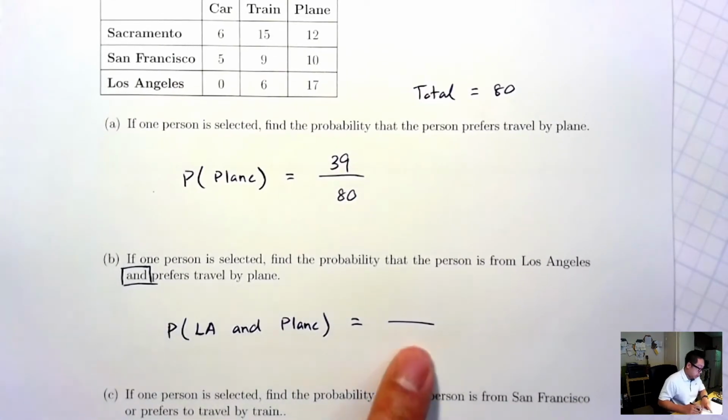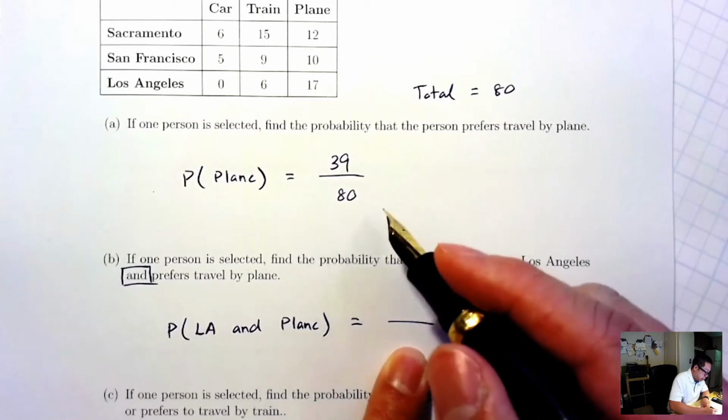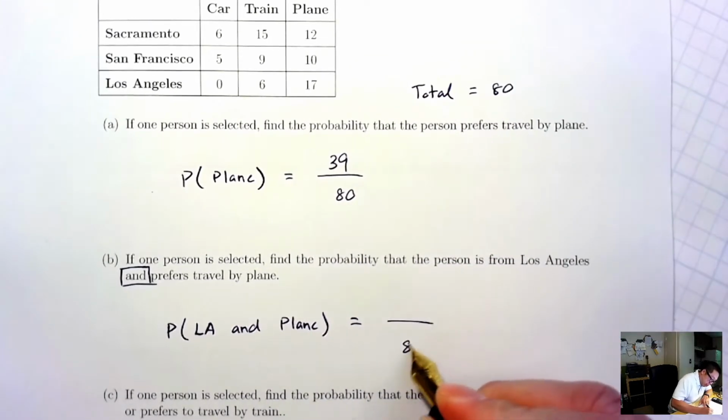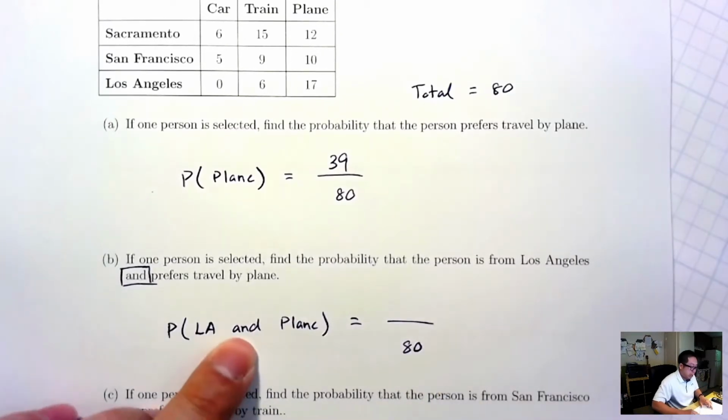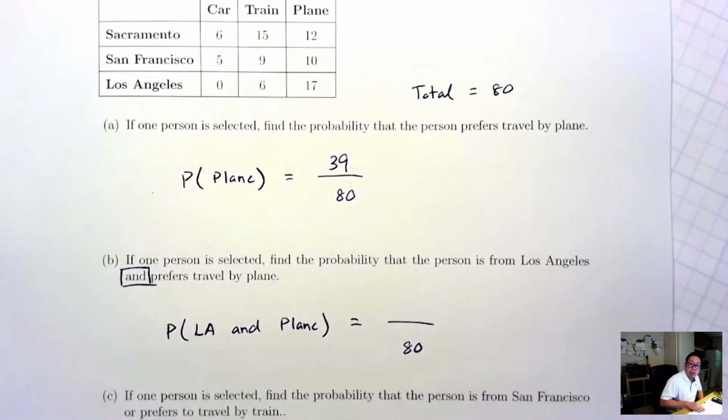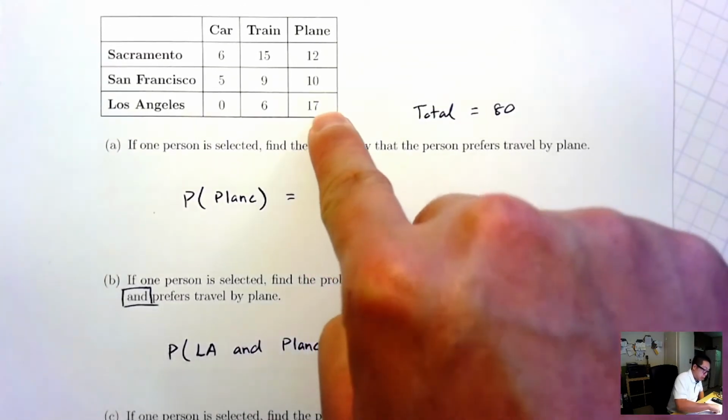The bottom is the same as part A, so it's everybody, which is 80. And remember, the word and means both at the same time. So how many people are from LA and at the same time prefer travel by plane? It would be these 17 people.